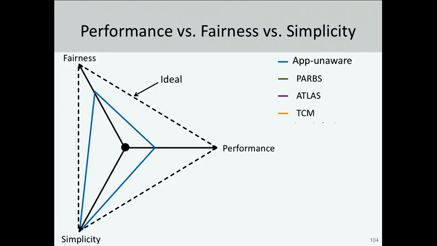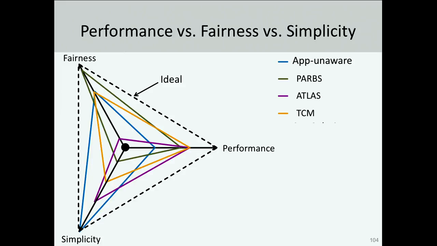The three schedulers that we've discussed have this sort of characteristics, again, based on some workloads. Clearly, this is workload dependent, but in the grand scheme of things, clearly these are not simple. In fact, if you look, PAR-BS is the most complex one over here. ATLAS is a simpler one. And TCM is still not bad.